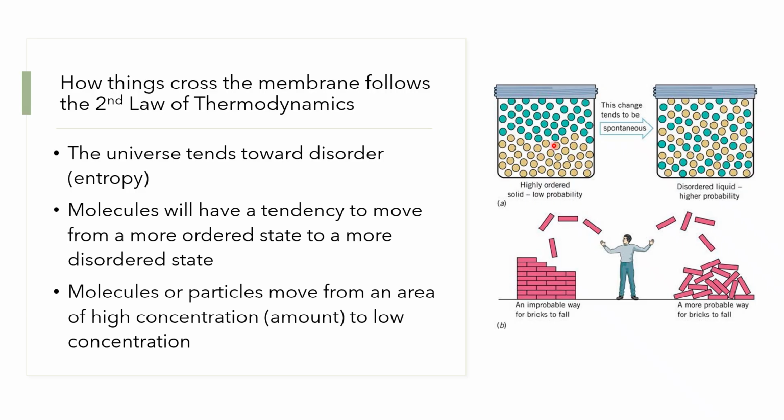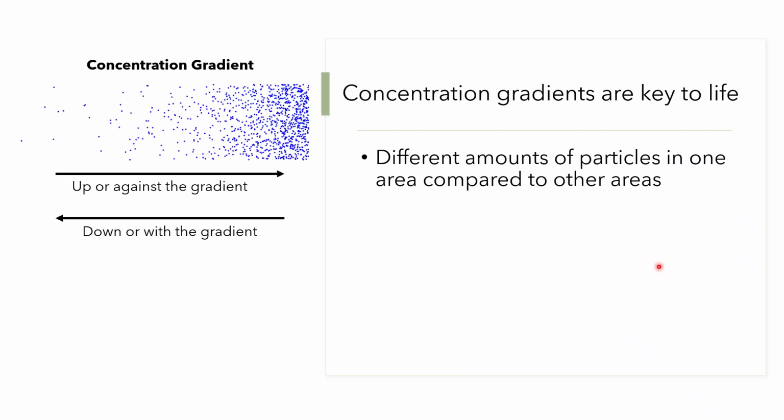There are no blue molecules on the bottom of this jar, so they are going to naturally want to move from where there is a lot to where there is few. And so they will naturally move downwards, and these yellow ones will naturally move upwards, just following that second law of thermodynamics. So this gives us the idea of a concentration gradient.